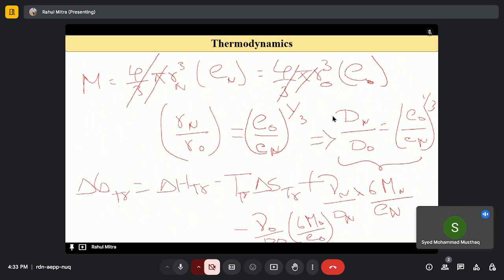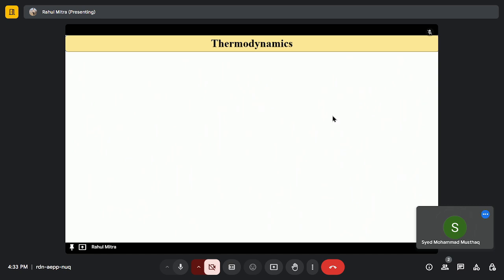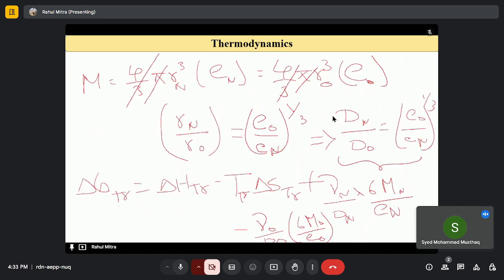Now, if we substitute these things here, then if I take out d n, let's take out the common of d n and rho n. Let's see what happens.